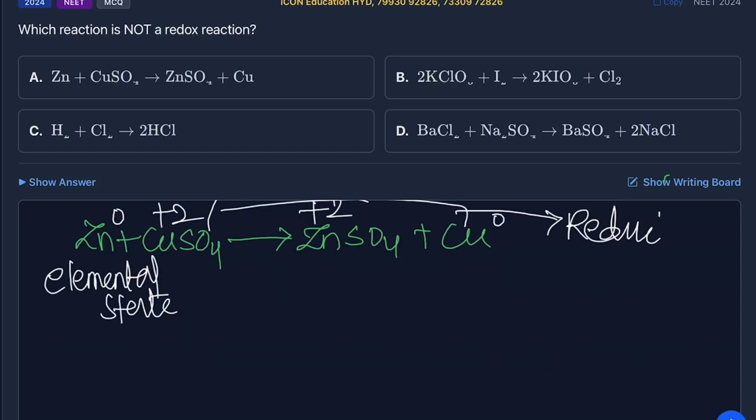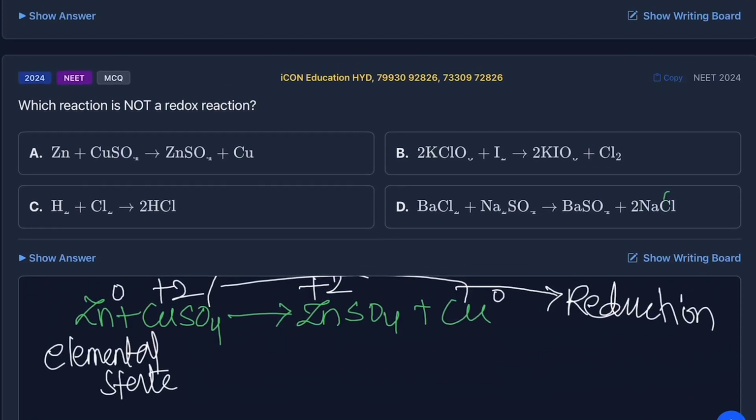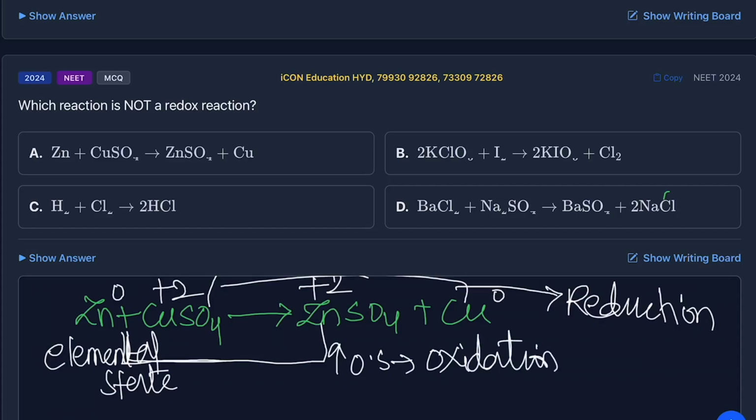And from zinc, 0 to plus 2, an increase in the oxidation state is called oxidation. So oxidation also takes place and the reduction also takes place simultaneously, so it is a redox reaction.